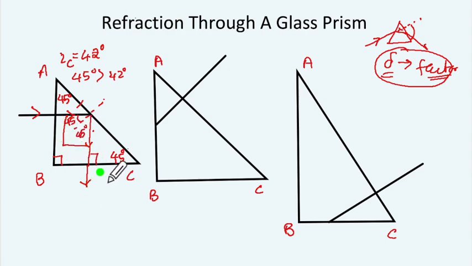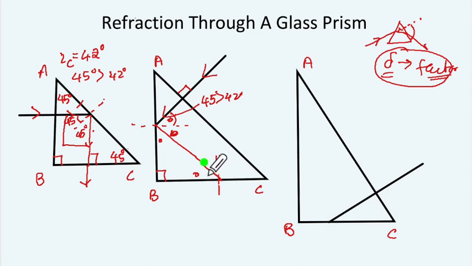If it is the case like this, where we have the ray entering at 90 degrees at surface AB, then the angle of incidence at surface AB is going to be 45 degrees, and then this 45 degrees is going to be greater than 42 degrees, so it is going to turn back in the same medium, total internal reflection taking place. This also becomes 45, this is 45, this is 90, this is 45.